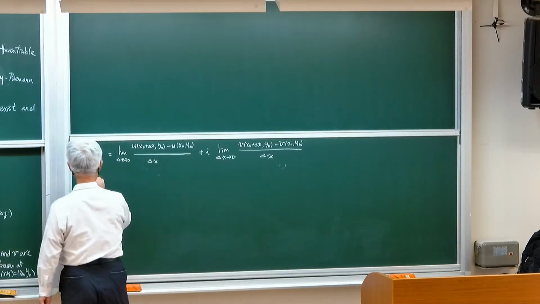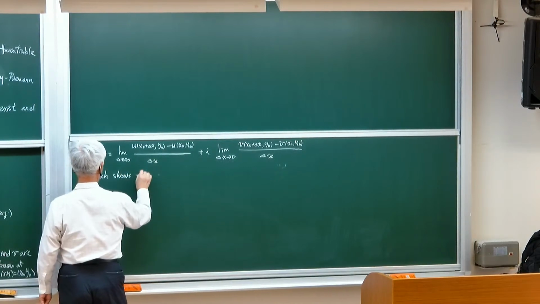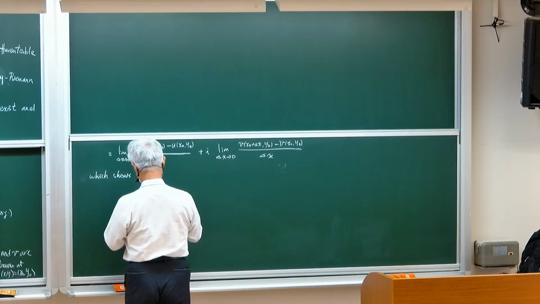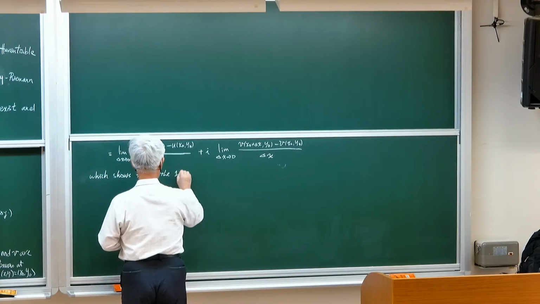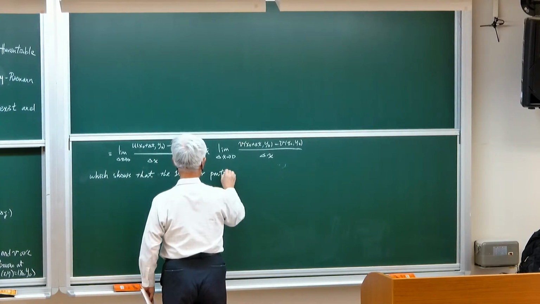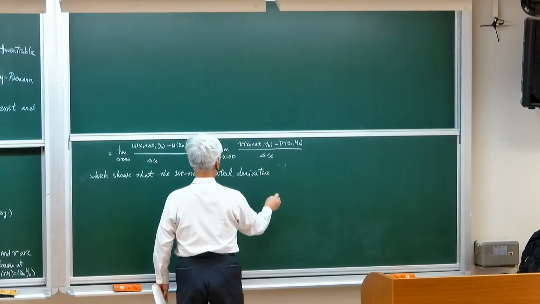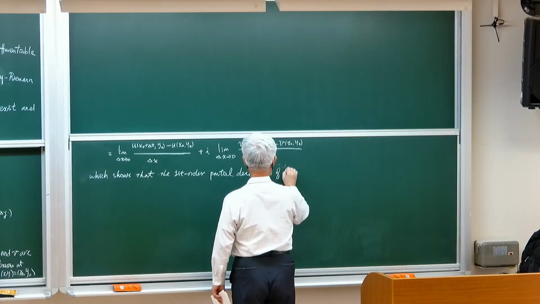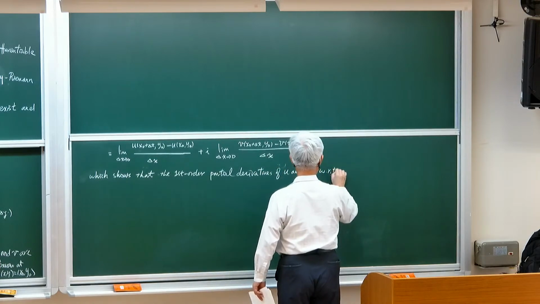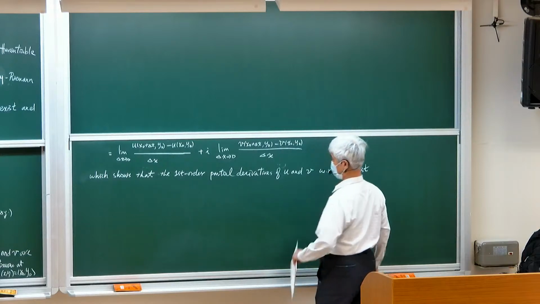Which shows that the first order partial derivatives of u and v with respect to x exist.